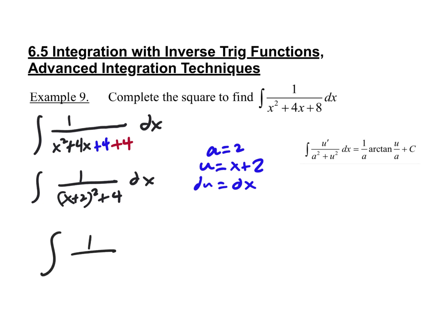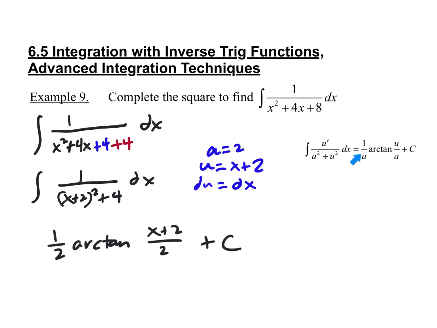You don't have to. 2 squared plus u squared du. So it's a straight substitution now. I don't have extra terms, and so I can just substitute right in here. For a is 2, u is x plus 2, and that's it.